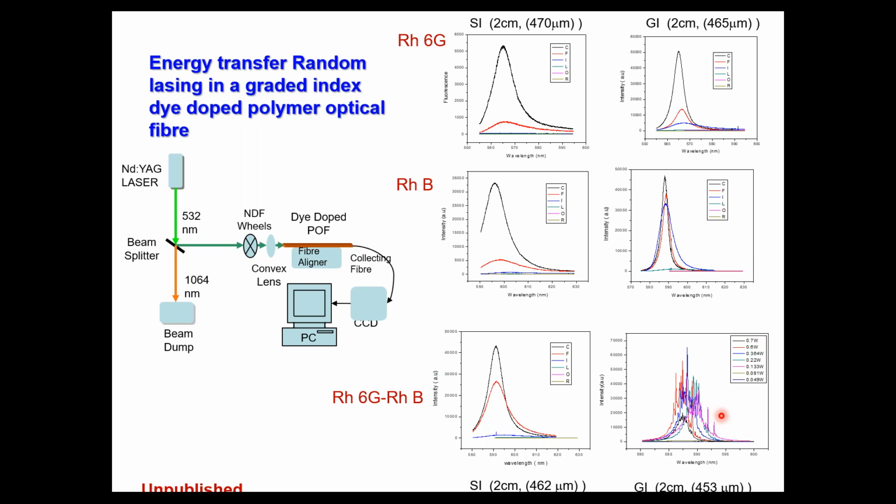So what is interesting here is the graded index structure actually generates lasing. A step index structure was not lasing, it was not getting converted into a laser, it was simply narrowing its emission region, but here it started lasing.